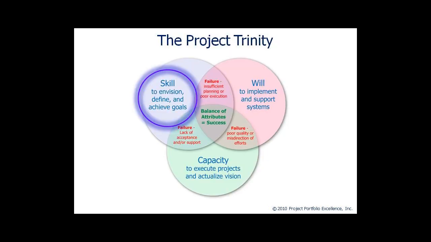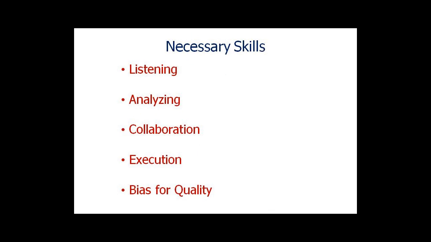So now we're going to start talking about the 3 attributes of the Project Trinity. And the first attribute we'll talk about is skill. Now to say that we need the proper skills in order to succeed with projects seems pretty obvious, but the skills we're talking about are a little bit different than what we normally think of in most of the positions for the company.